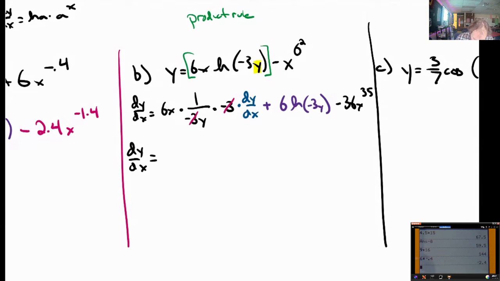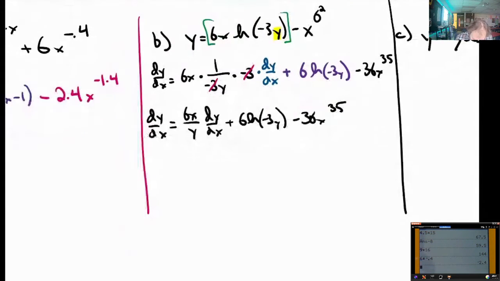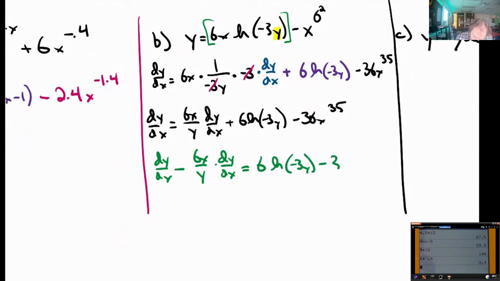So cleaning it all up, we got 6x over y dy/dx plus 6 natural log of negative 3y minus 36x to the 35th. Let's gather all the dy/dx's on the left side. We'll have 1 dy/dx minus 6x over y times dy/dx, and that's going to equal 6 natural log of negative 3y minus 36x to the 35th power.